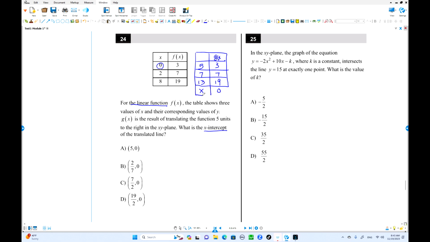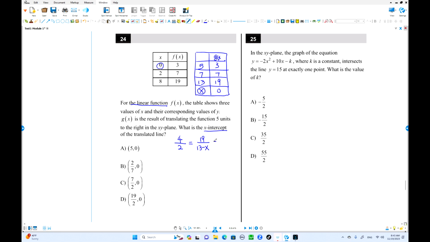That is another point over here. You're gonna find this number, okay? What's the slope over here? 7 minus 3 is what? 4. 7 minus 5 is 2. That's the slope. Okay? So 19 minus 0 is 19. 13 minus x, that is the change in x. That's the slope, right?